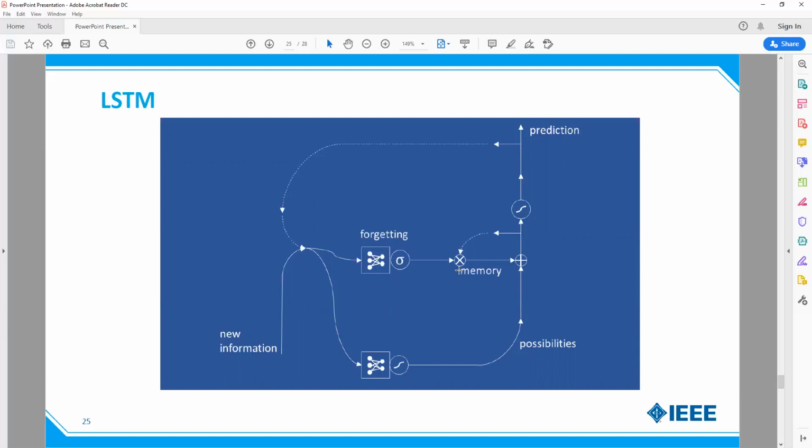So with 1, we're trying to maintain that information. With 0, we're trying to forget that information.